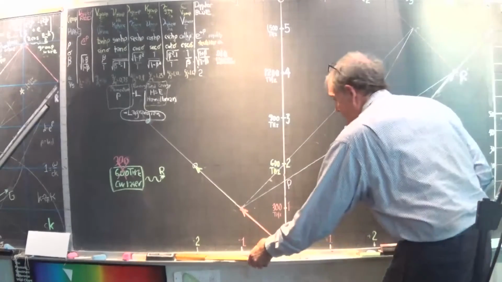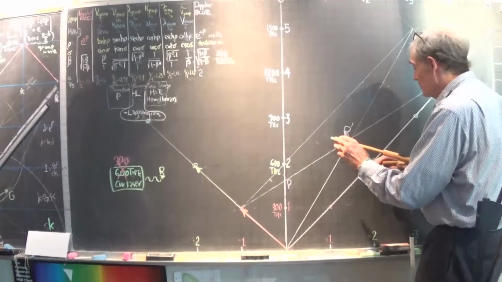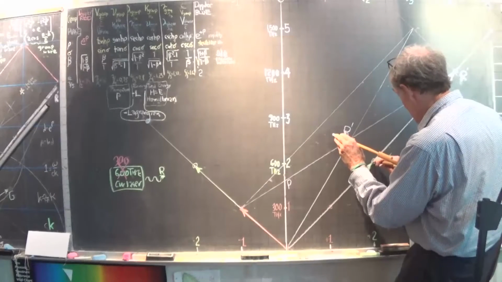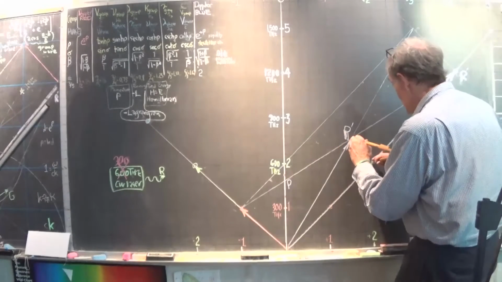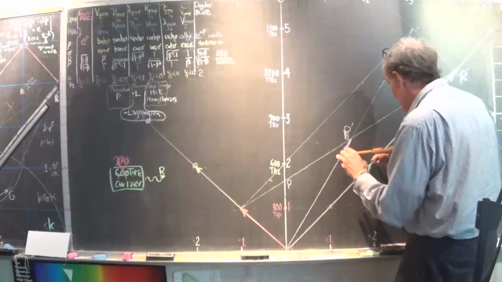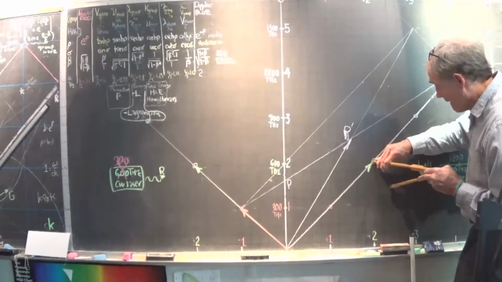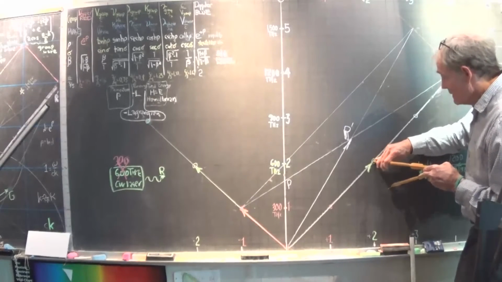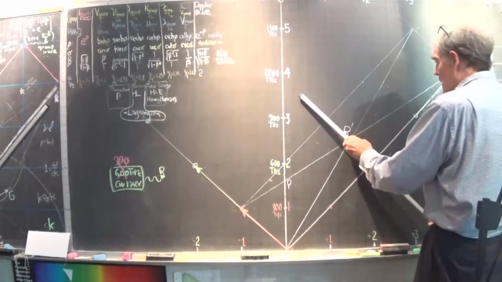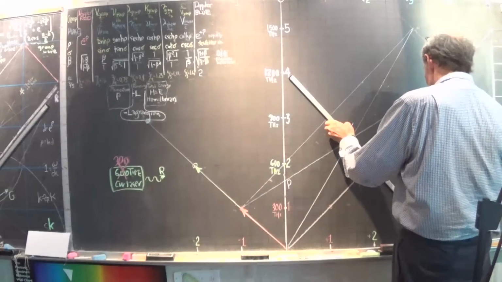Best way to do that, even if you didn't have graph paper, was to just measure this distance right here from that point, this distance right here, and strike an arc down here, and then put the ruler along the perpendicular of this rectangle.